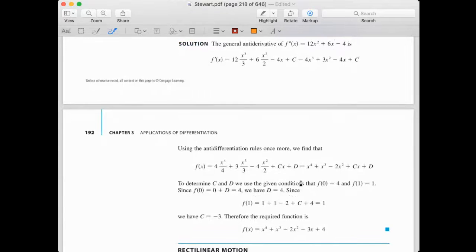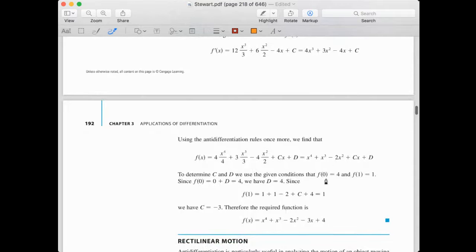Now let's plug in the 2 points. So 1 point is saying f of 0 equals 4. So let's plug in 0 into the function. All the x terms become 0. So we get d equals 4. So plugging in 0 for all x, we get d equals 4. Then we have another point, (1, 1).